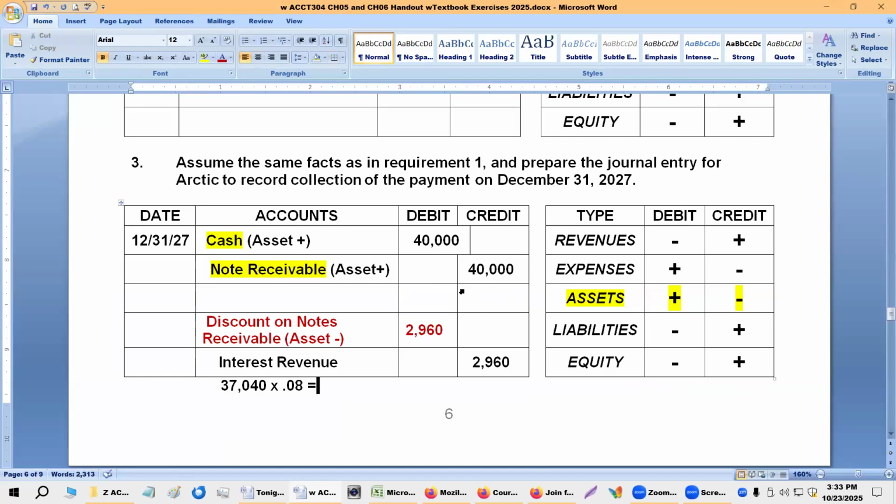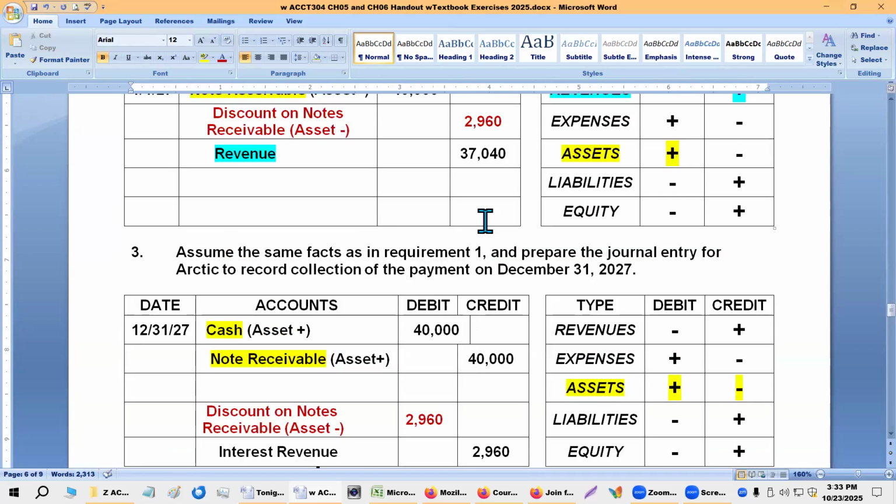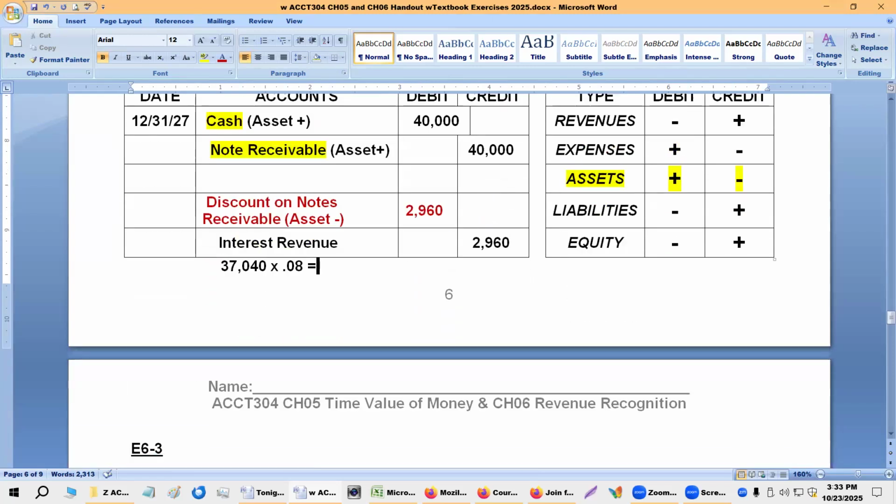May not be exact, but it's off a little bit. Did I do that right? Yeah, it's off a little bit because of rounding. This comes out to 29.63 and 20 cents.